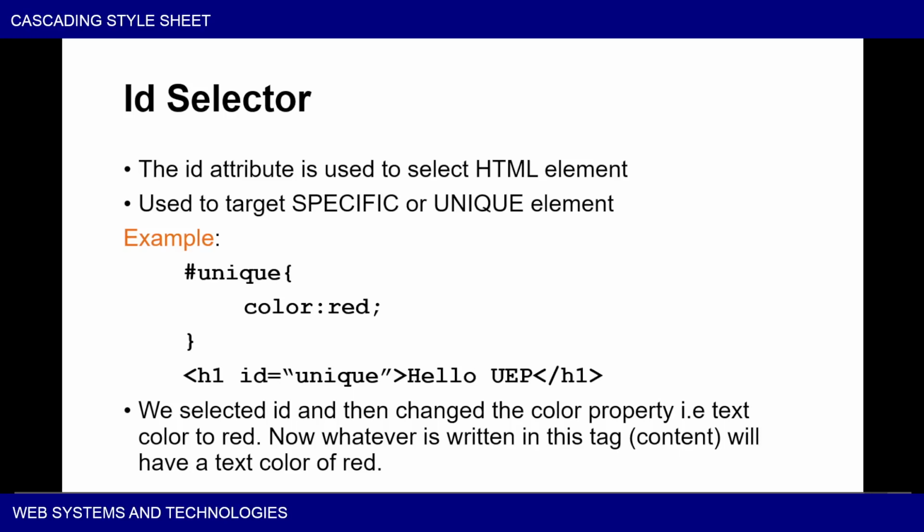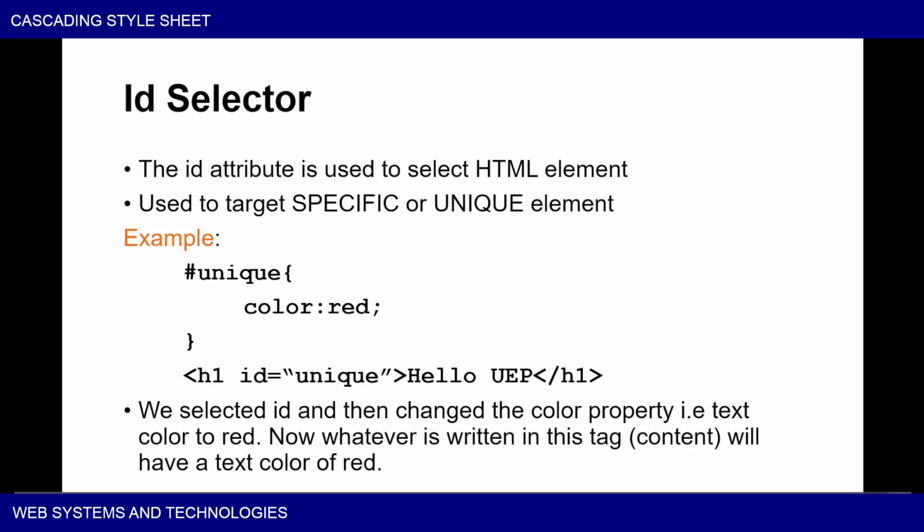So how are we going to target the unique? So ang gagawin mo lang dyan is, let's say for example, you're using an H1, ID is equal to unique, and then kung ano yung may nasa loob nun, let's say for example, UEP, ayan. So lahat ng nasa loob ng H1 na may ID attribute na unique ay magkakaroon ng red color.